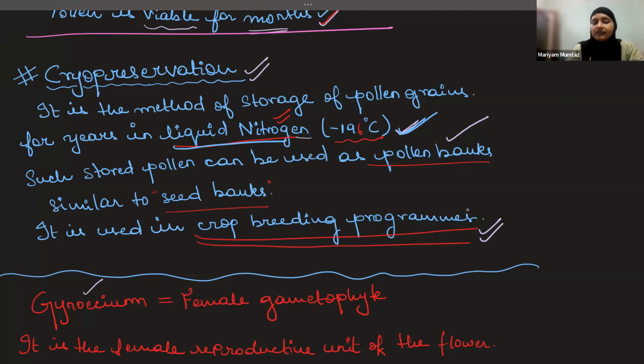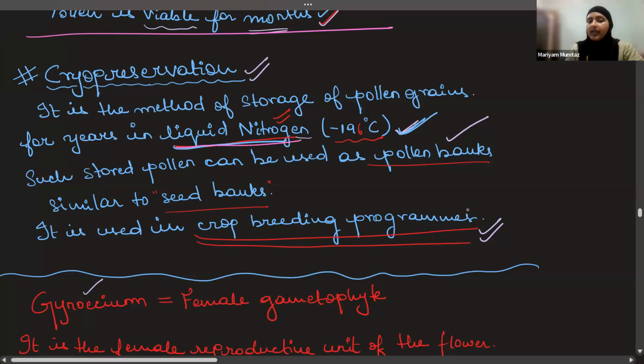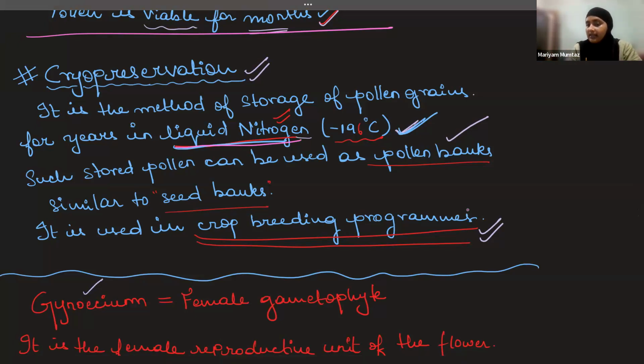So, cryopreservation is the method of storage of pollen grains for years in liquid nitrogen. This is a chemical that is used at minus 196 degrees Celsius. At such cold temperature, the pollen grains are stored, and such stored pollen can be used as pollen banks. For example, the pollen of certain plants has to be transported somewhere else.